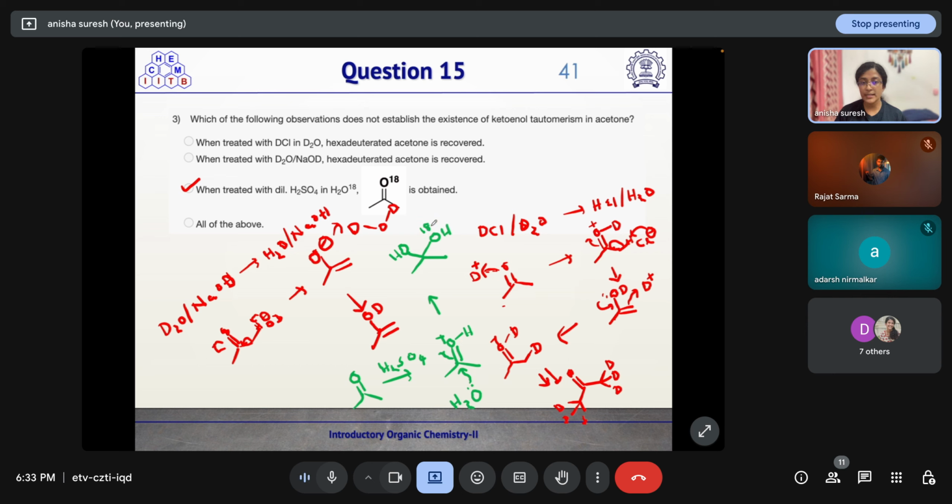OH18 will be there. Now here it will be OH2 plus. If proton transfer can take place, this will be O18H.